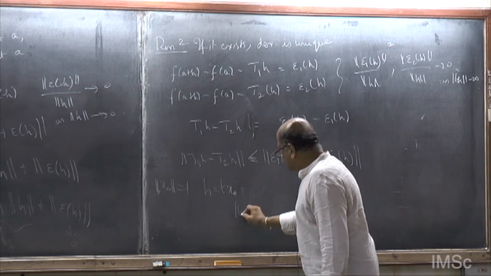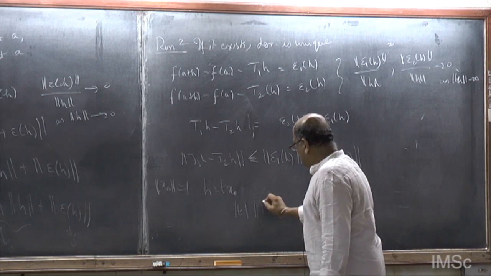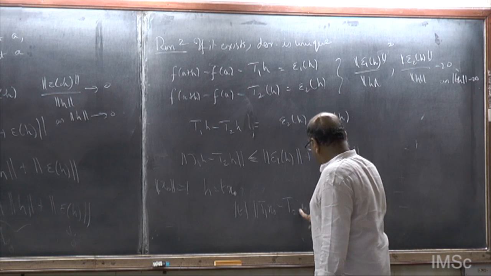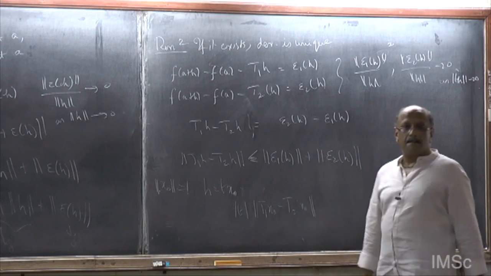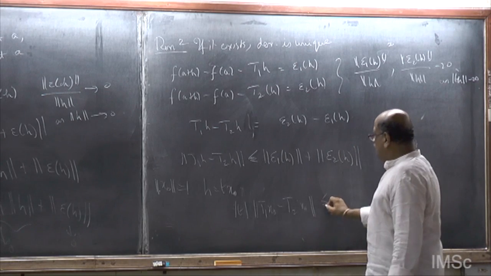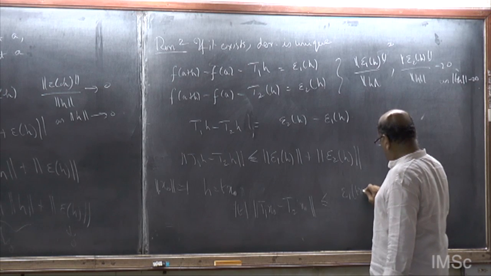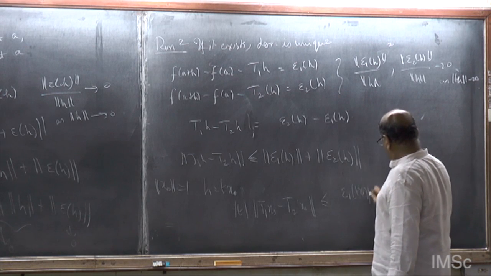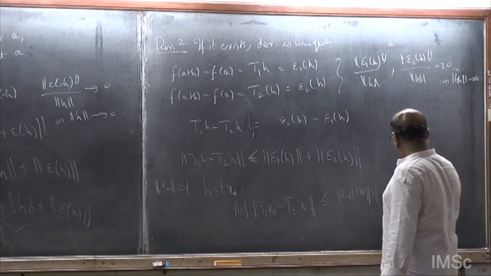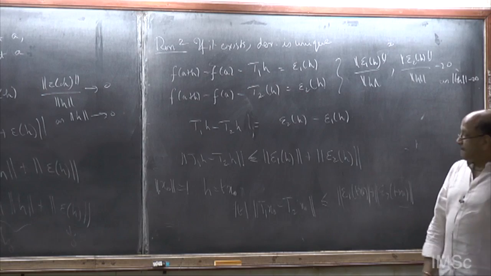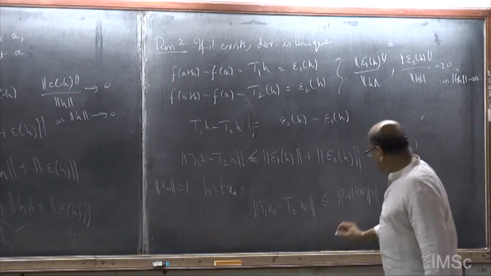You will get mod t times norm of T1 x naught - T2 x naught is less than or equal to epsilon 1 of t x naught plus epsilon 2 of t x naught. Now, divide by mod t.